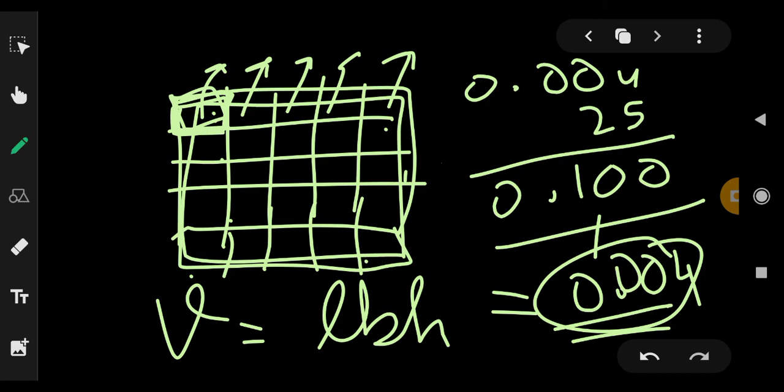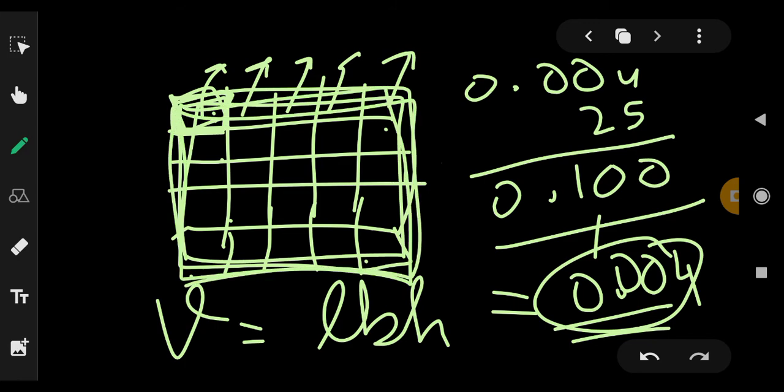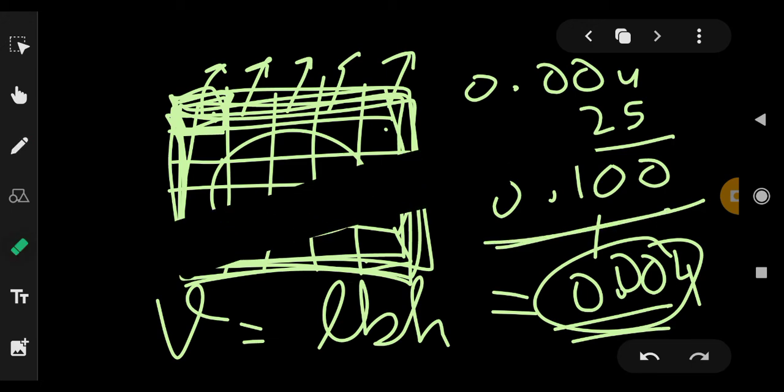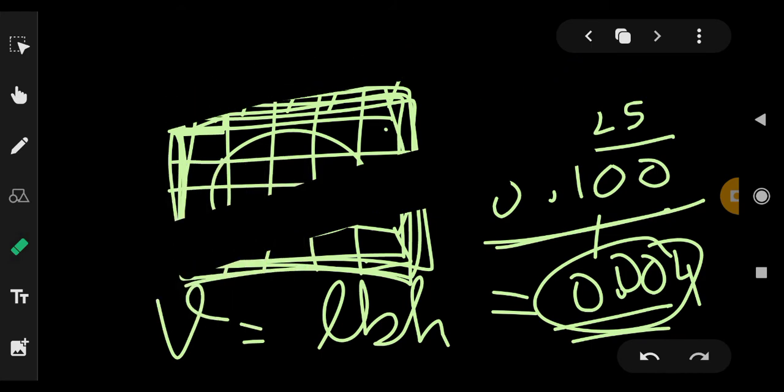You get 0.1. So 0.1 is the volume of the whole thing. Okay, the volume of the whole area is 0.1. You understood this much, right? So we will keep it aside for a minute. The volume of the whole thing is 0.1. Okay, remember that.